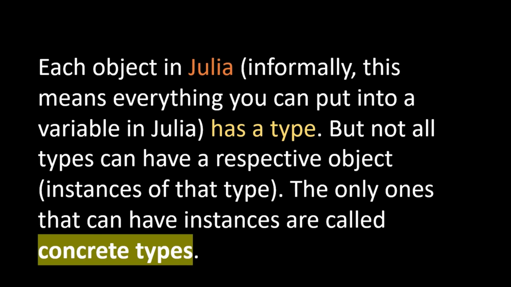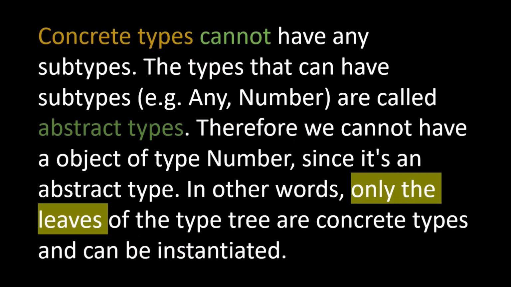The only ones that can have instances are called concrete types. Concrete types cannot have any subtypes. The types that can have subtypes, for example Number, are called abstract types. Therefore, we cannot have an object of type Number since it's an abstract type. In other words, only the leaves of the type tree are concrete types and can be instantiated.